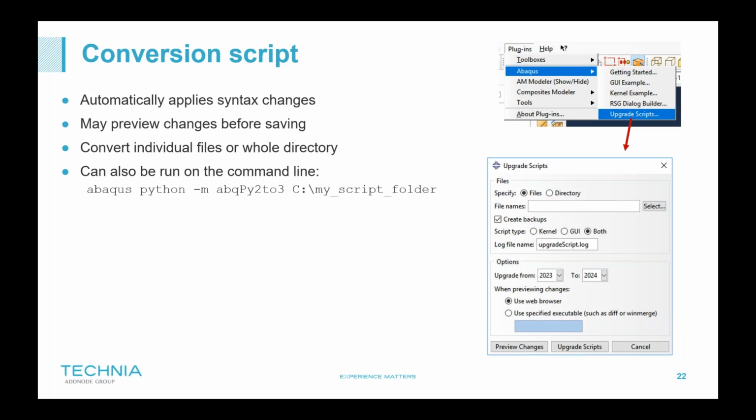And if we are feeling uncertain about this conversion script, we can actually preview the changes before saving them. You have the option to convert individual files or a whole directory if we wish. And if we do not wish to use the GUI, we can upgrade using the command line with the command abaqus python abqpy2to3.